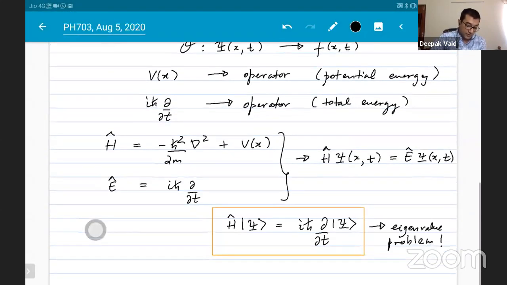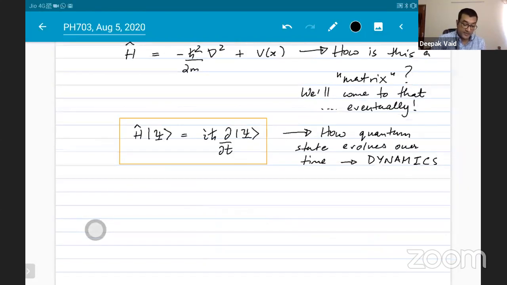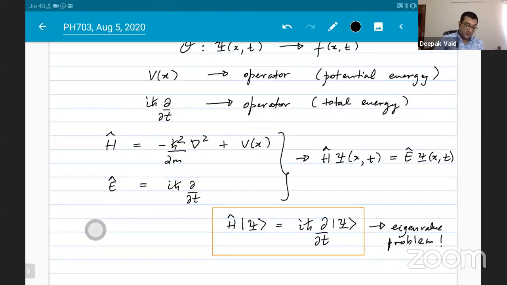So this H describes everything. This describes the possible energy values of the system, the possible states it can take, the possible interactions within the system. It also describes what happens if you have some external stimulus.